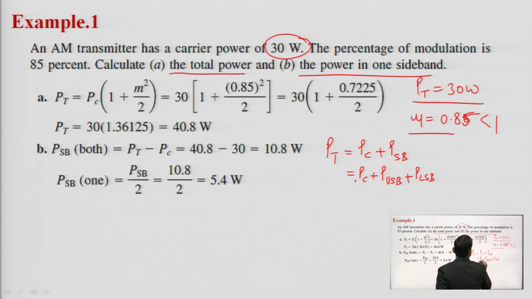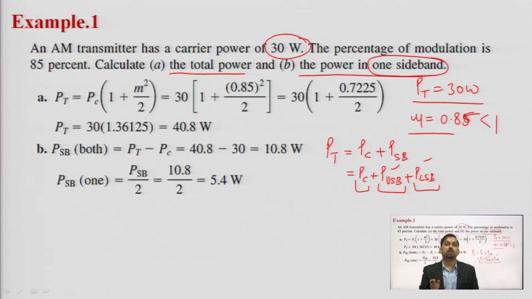The carrier power is Ac square by 2, and we have already calculated the relationships for P USB and P LSB. We need to find the power in one of the sidebands, because these powers are equal. The amplitude is the same for the upper and lower sideband, which is mu Ac by 2, so the power will also be the same for the upper sideband as well as the lower sideband.